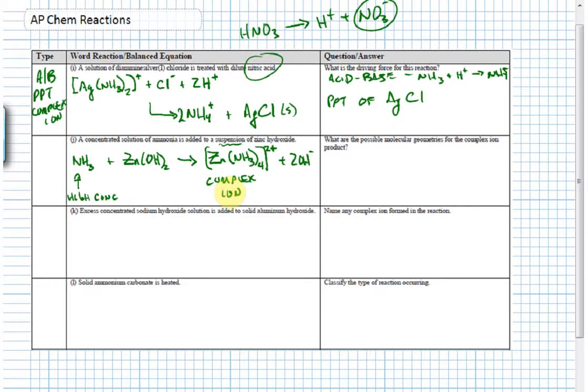So we would see the mixture go from a white, powdery, milky substance to clear. Maybe I'll do that as a demo in class. All right. Let's see. What are the possible molecular geometries for the complex ion product? Notice that there are 4 things.